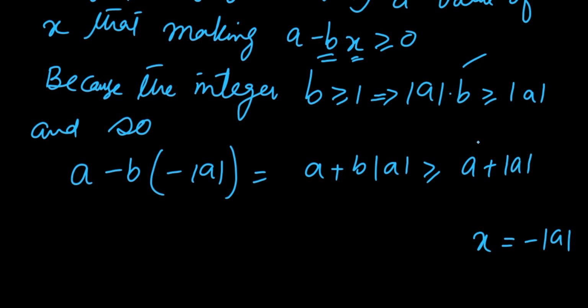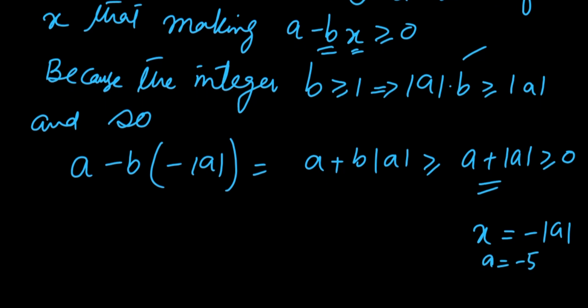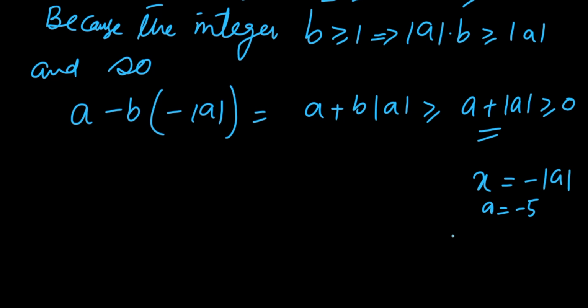Whatever your A, either it is negative or positive, this expression is always greater than or equal to 0. Suppose your A is negative, suppose this is minus 5. Then this number A plus |A| is equal to minus 5 plus |minus 5|.